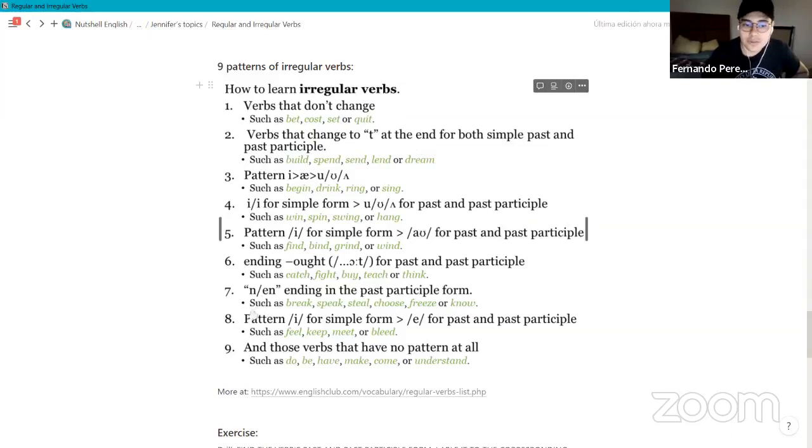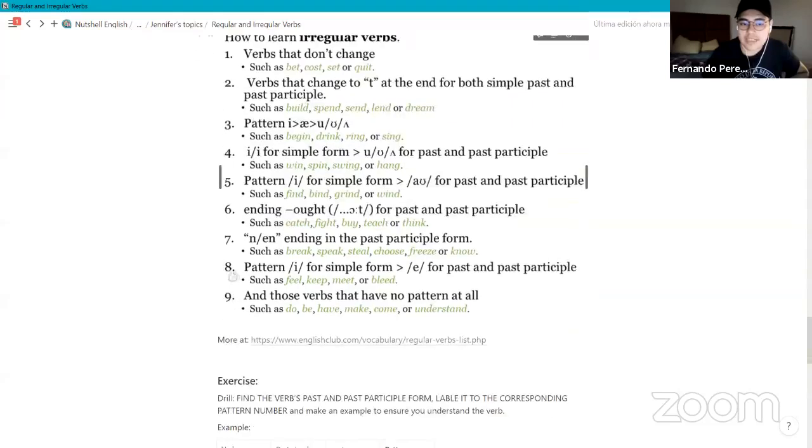No, there's a number 8. Number 8 is more appropriate. Pattern E for simple form and E for past participle. So leave, left, left.